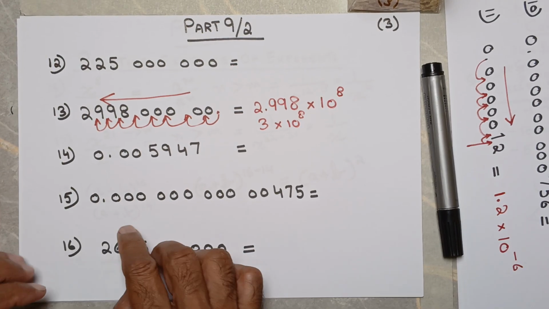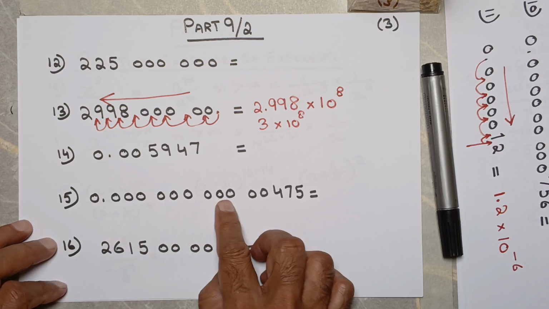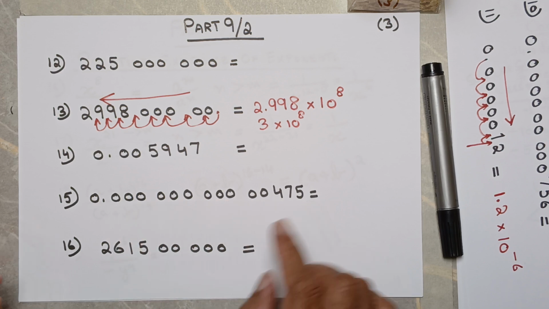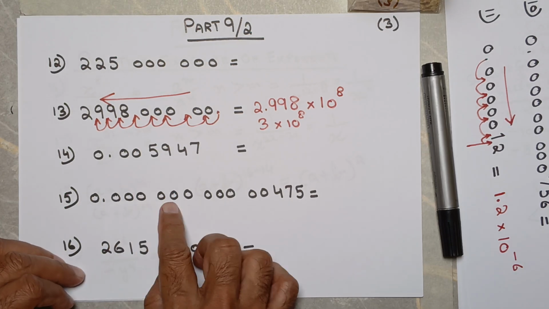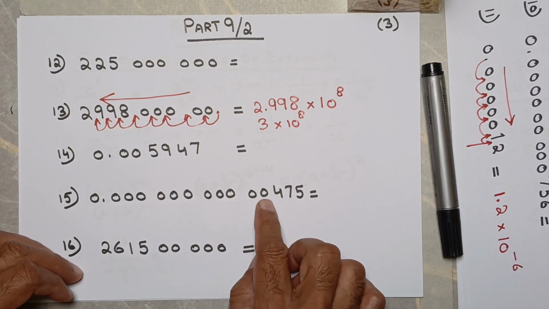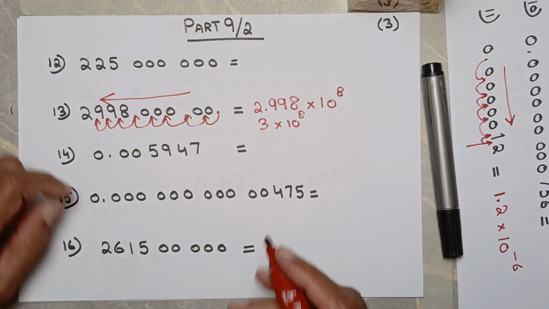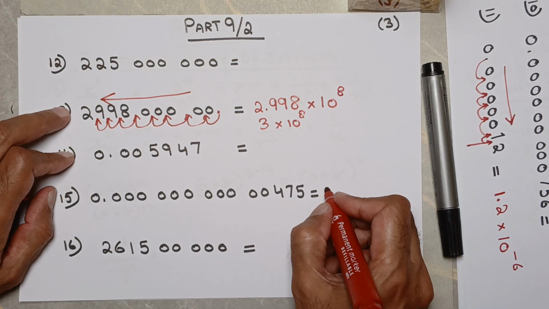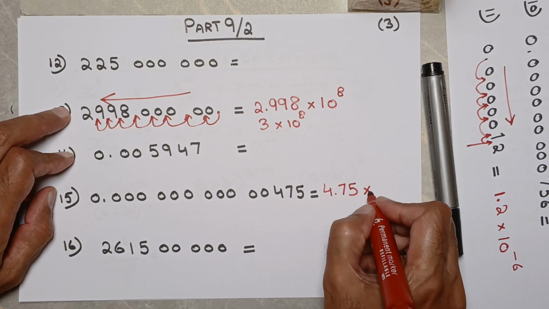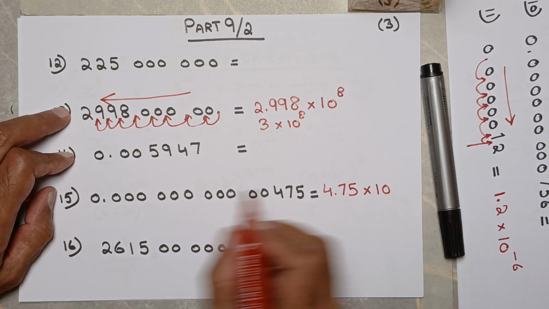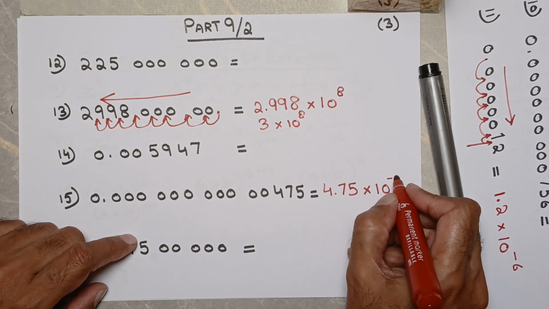It is an extremely small value, 0.000000000475. Now what I am going to do is shift this decimal 12 places towards the right. So first of all, I will write it as 4.75 multiplied by 10 raised to the power minus 12.